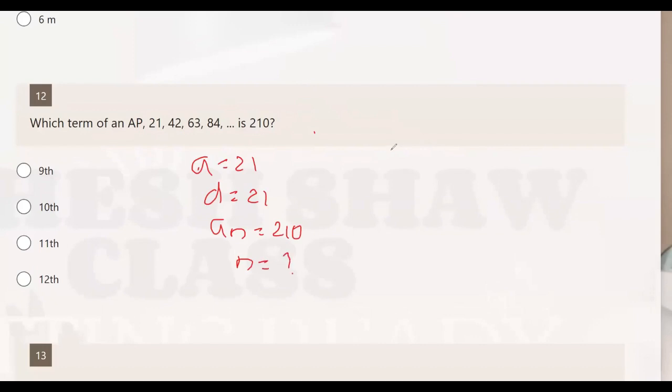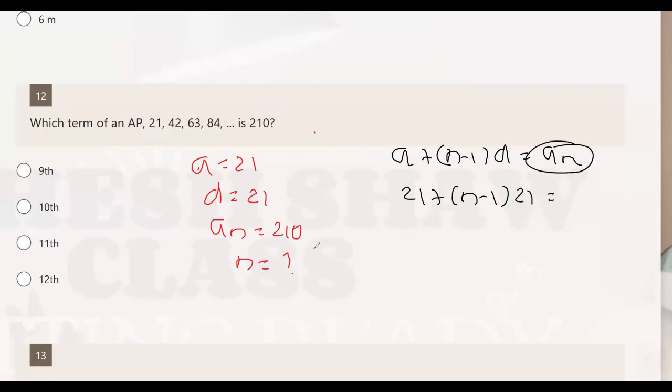I'm going to apply the nth term formula, which is a plus n minus 1 times d, which is an. So a is 21, plus n minus 1 times the common difference, 21 again, is equal to the nth term, which is 210.